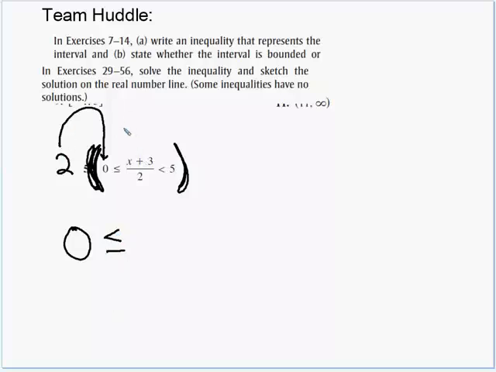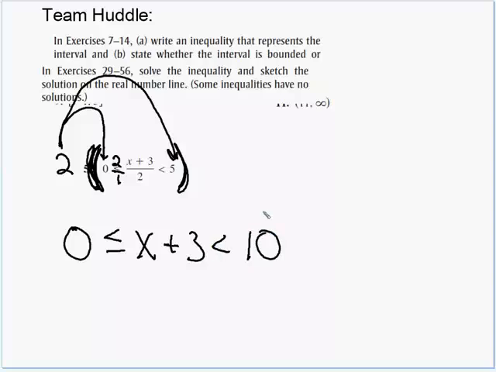And if I multiply here by 2, we can just take that 2 and use it to wipe out the denominator. Because that would be 2 over 1 times this fraction, and the 2's will cancel on the denominator, and we're left with just the numerator, x plus 3. Distribute the 2 also to the 5. 2 times 5 is 10, and we have our less than sign there.